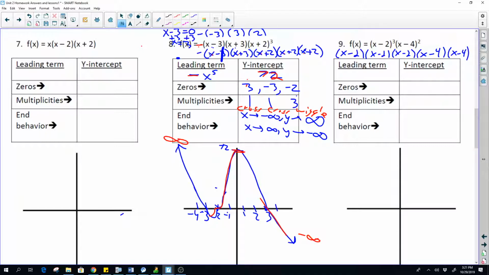So this is going to help us find our lead term. You're basically counting each of those x's, x times x times x times x times x, or 2 plus 3 is 5. So 1, 2, 3, 4, 5. We do have x to the 5th power for our leading term.